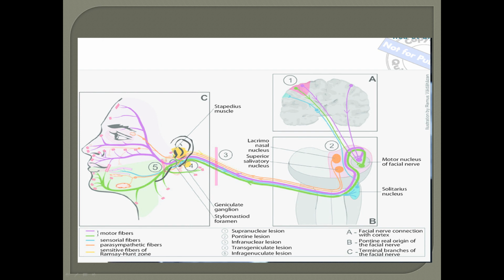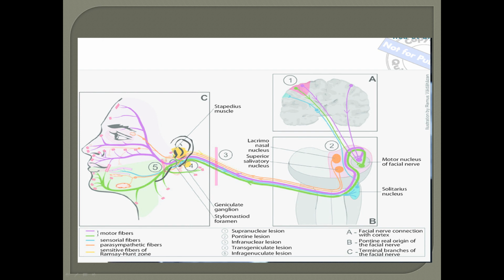As we have already described, this is the second largest nerve. It has a supranuclear part, which is located in the cerebral cortex, and each side has bilateral innervation, meaning it receives one-third from the same ipsilateral side, but the majority is from the contralateral side. The nucleus is located in the brainstem, the lower part of the pons, and the largest of them is the motor nucleus of the facial nerve.